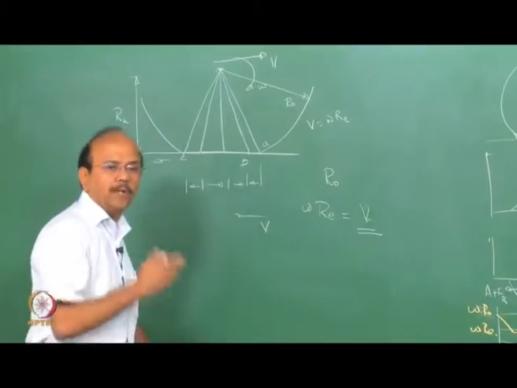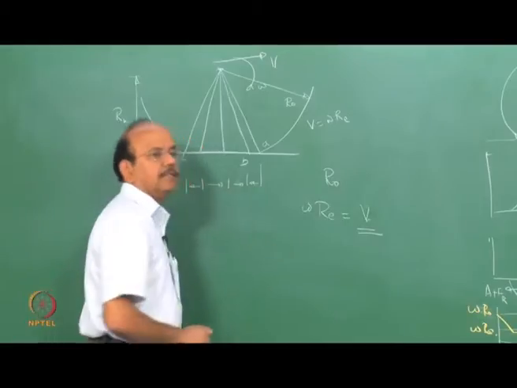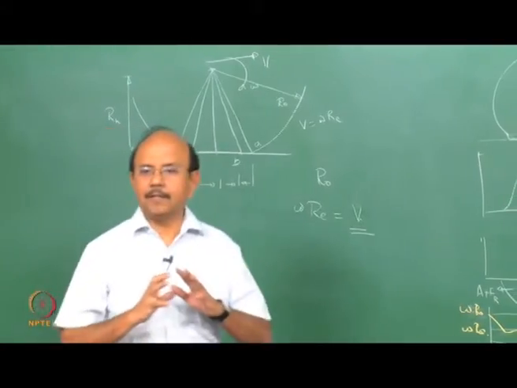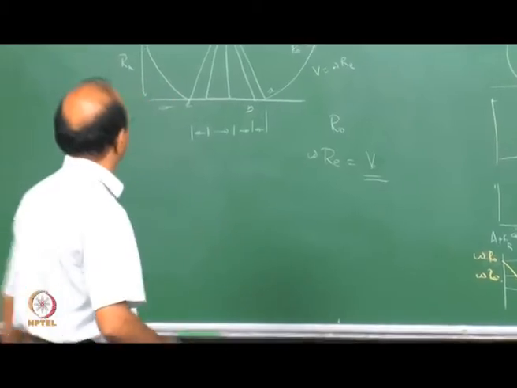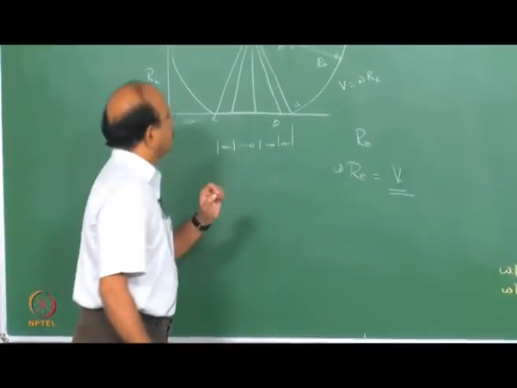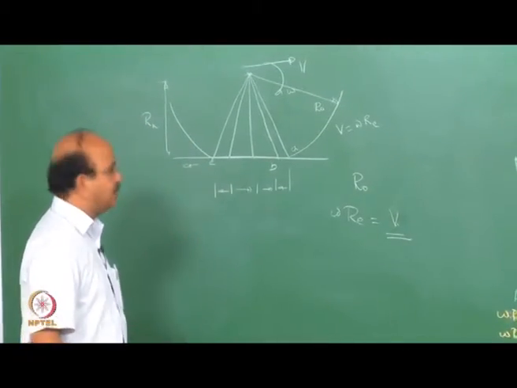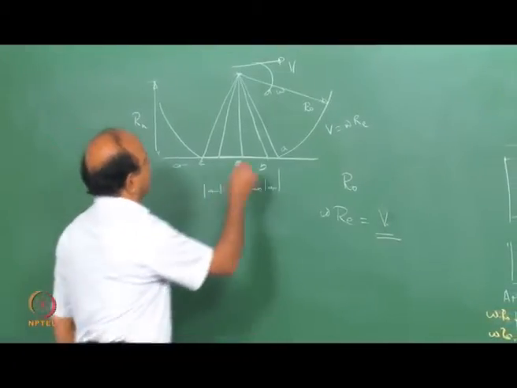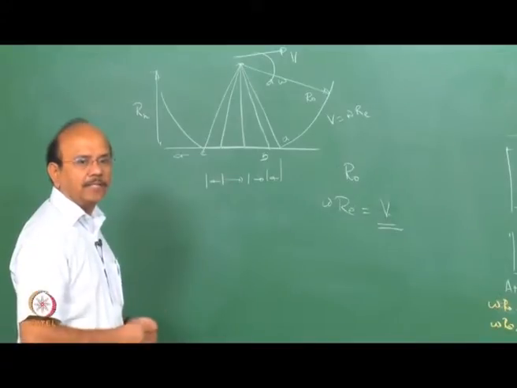We will use one or the other as the circumstances demand, but the theory is the same. It's just for understanding purposes, we are looking at it from two different perspectives.